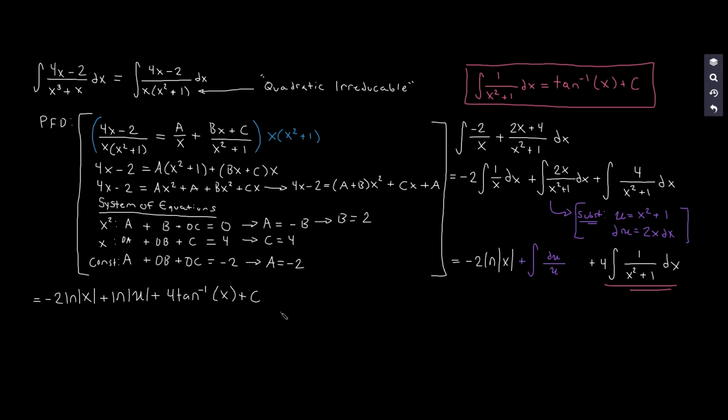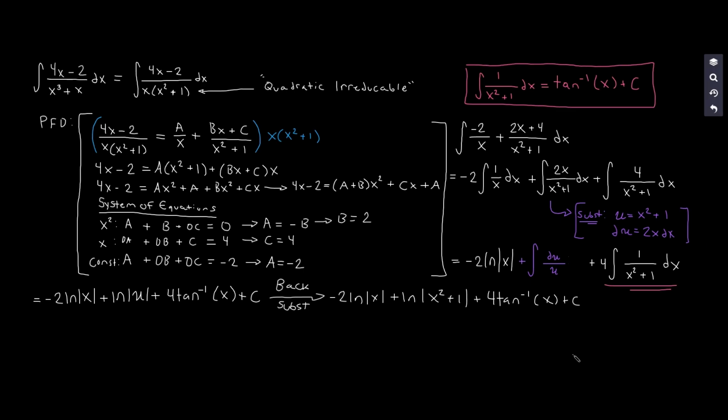But then we have to back substitute, of course. So now we'll have -2 times the natural logarithm of x plus the natural logarithm of what we set u to, which is x squared plus 1, plus 4 times arctangent of x plus c.